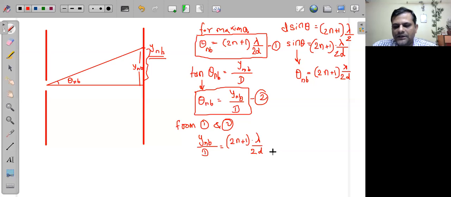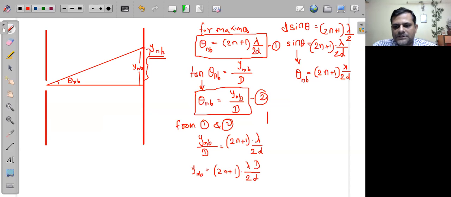Yes, and then we can simplify this further. तो इसको अगर हम और आगे सिंप्लीफाई करेंगे तो ये कैपिटल डी को उस तरफ लेके जाना पड़ेगा हमको. तो इससे हमको मिलेगा YNB which is equal to 2n plus 1 into lambda into capital D upon 2 times of small d.